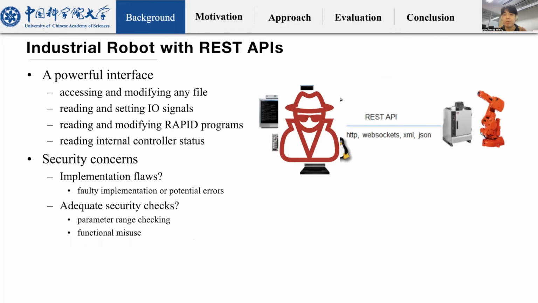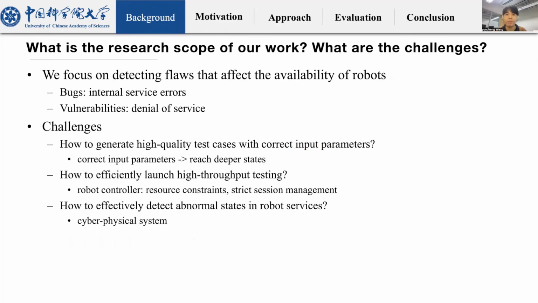And are there proper checks in place to validate the range of the request parameters? So to address these concerns, we conduct tests on the REST service of industrial robots to identify potential security issues. We focus on detecting bugs that could trigger internal server errors and vulnerabilities that could lead to a denial of service, causing the robot to shut down.